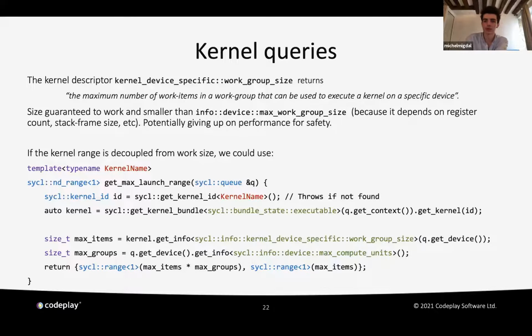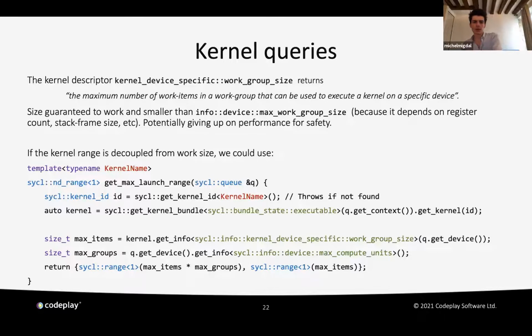Let's say if the kernel uses too many threads, or it requires too much stack memory, stack frame, because you don't have an infinite amount in your GPU and it can explode very fast. So that's where you can drop it in your code and it will work, and it will return the biggest size guaranteed by SYCL, which is not the biggest that works. So it might not give you the best performance, but it always works.